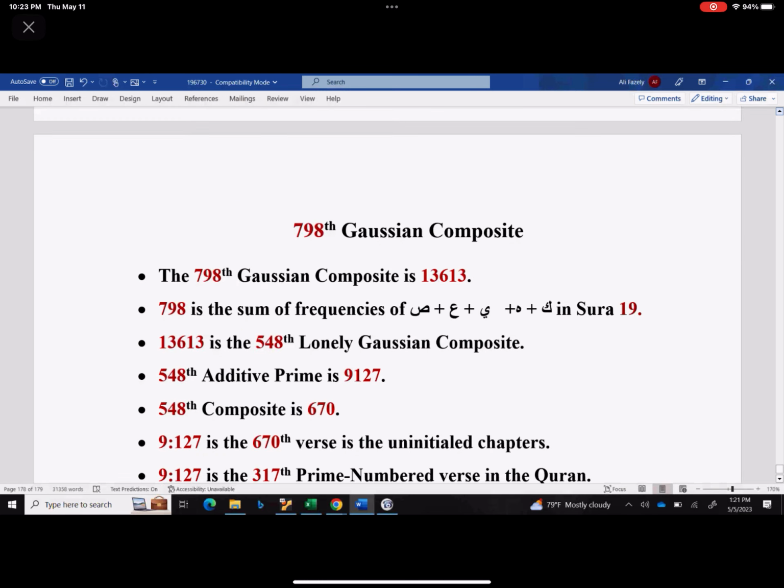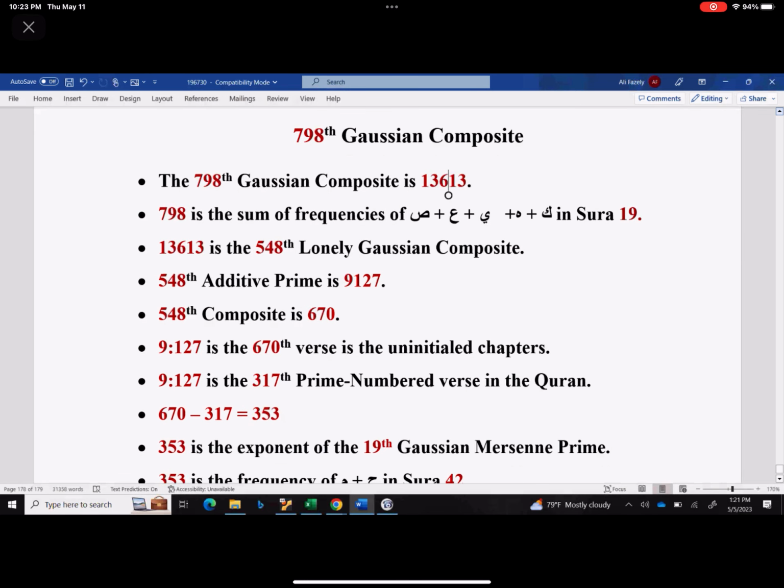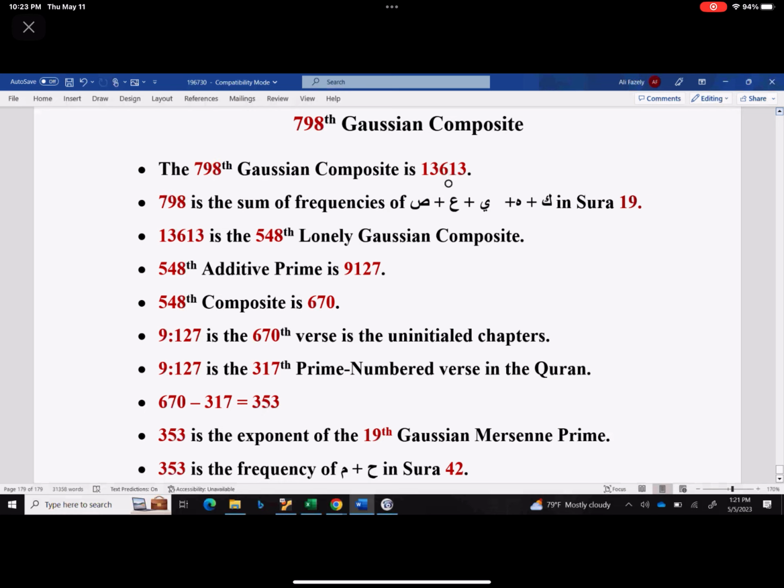Today we're looking at the Gaussian Composite, and the Gaussian Composite of 798 happens to be 13613. Remember that 798 is the sum of the frequencies of K.Ha.Y.Ayn.Saad in chapter 19. If we look at Gaussian composites, we find that 13613 is the 548th such number.